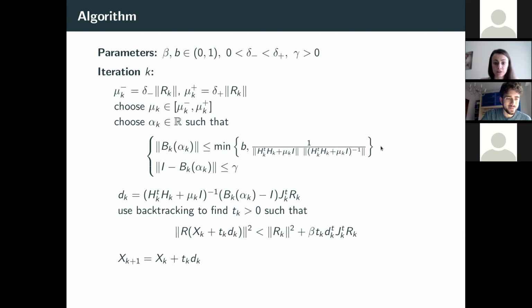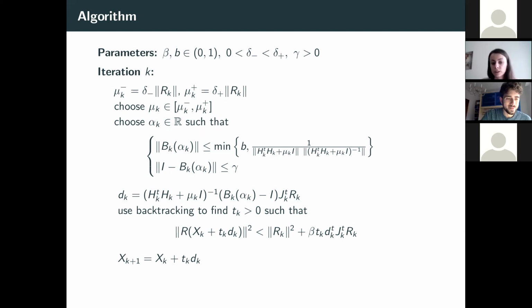In particular, this first one we need in order to ensure that the direction that we compute is a descent direction. So if we solve the Levenberg-Marquardt system directly, exactly, then the direction that we get is a descent direction at the current point.